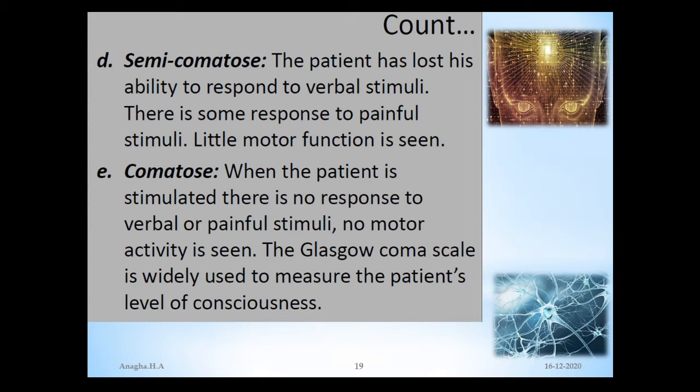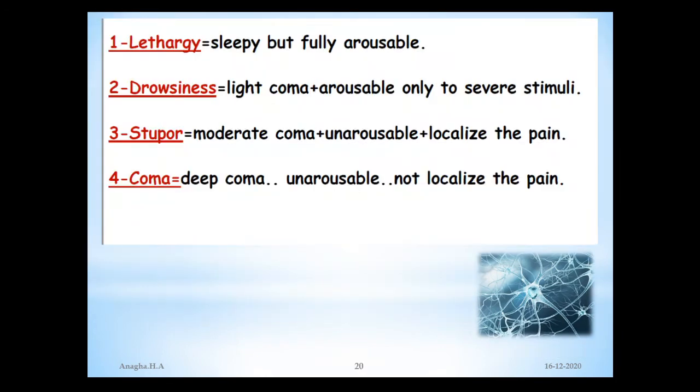So here the verbal component is getting reduced much more, but only the painful stimulus part can work still. In comatose, when the patient is stimulated, there is no response to verbal or painful stimuli. No motor activity is seen, and the Glasgow Coma Scale, I'll go through that further in the coming slides. Glasgow Coma Scale is widely used to measure the patient's level of consciousness.